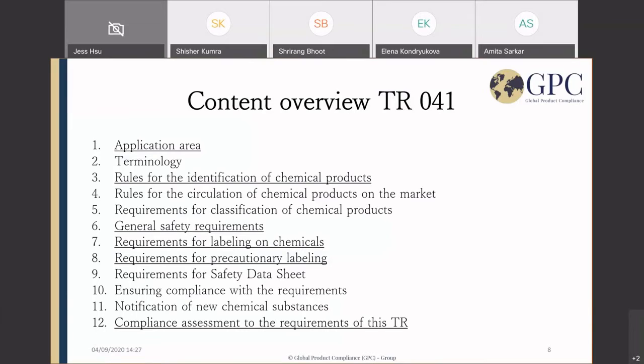First, they mention the application area, then terminology, then rules for the identification and circulation of chemical products on the market, requirements for classification, general safety requirements, requirements for labeling and precautionary labeling, requirements for the safety data sheet, ensuring compliance with the requirements, notification of new chemical substances, and compliance assessment to the requirements of this technical regulation.